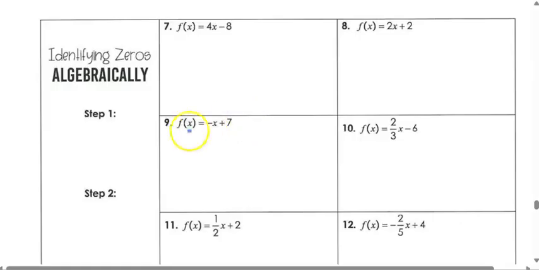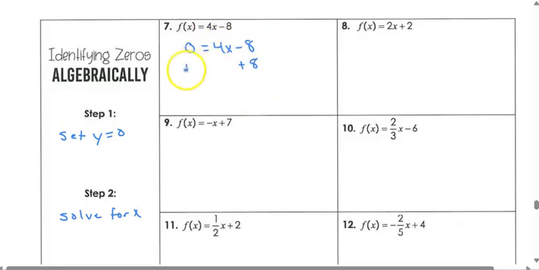So the other way we know is when y is equal to 0. To identify zeros from an equation, we're going to set y equal to 0, and then we're going to solve for x. Remember, when they write it as f of x, that's the same thing as y. So I'm going to write this as 0 equals 4x minus 8, and then I'm going to get x by itself.